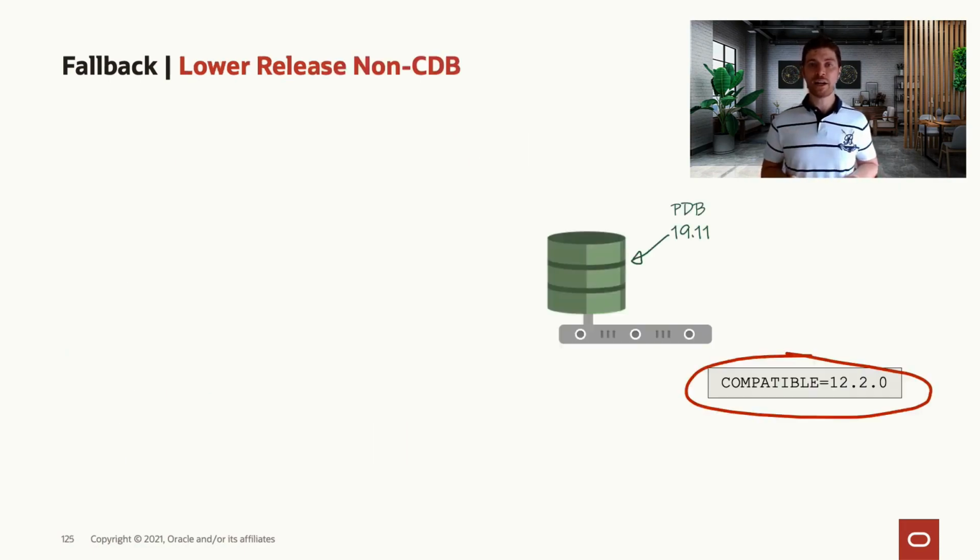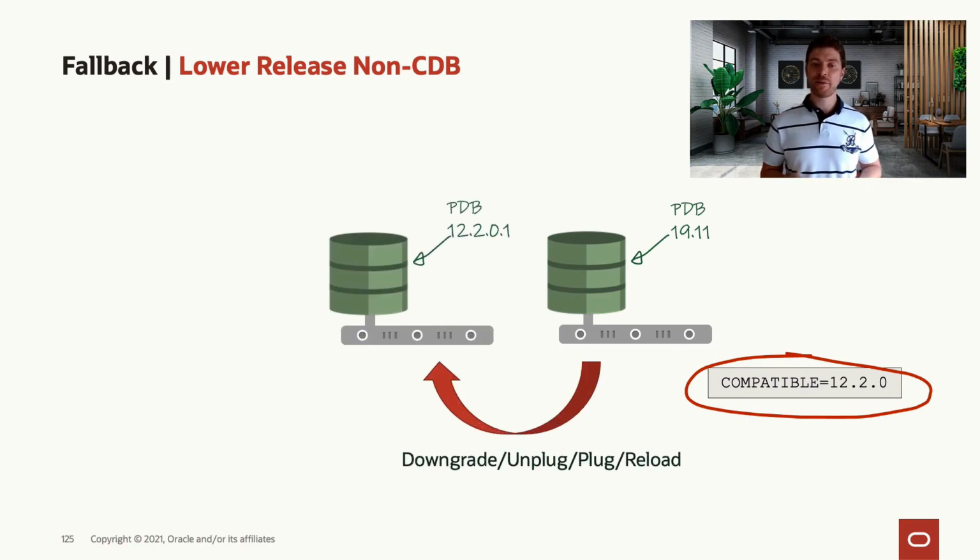So imagine again, we are here in the 19C database running in the CDB architecture, and we want to go back. What we can do is downgrade, unplug, plug, and catalog reload in the 12.2.0.1 database, but now we have a 12.2.0.1 database running in the CDB architecture, not in the non-CDB.